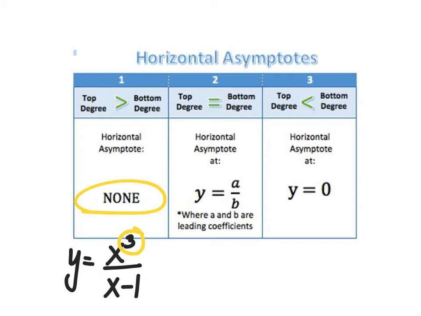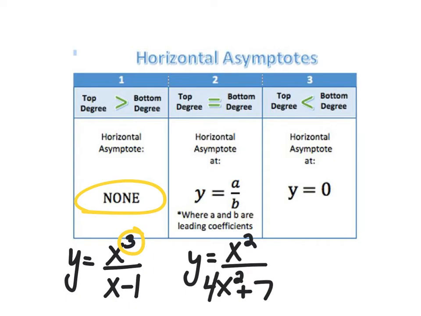If the top degree is equal to the bottom degree, for instance, let's say you have x squared over, let's make this a little fancier, 4x squared plus 7, because my degrees are equal in the top and bottom, there is a horizontal asymptote. And where is it? It is the quotient of your leading coefficients. So there would be a horizontal asymptote here at y equals 1/4.